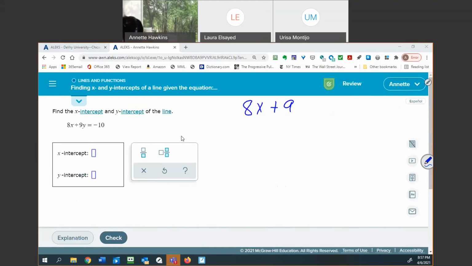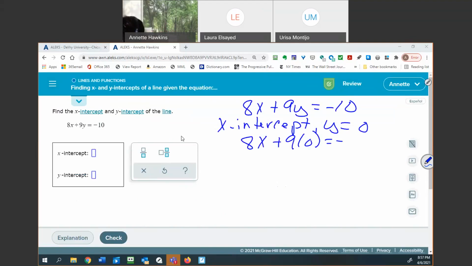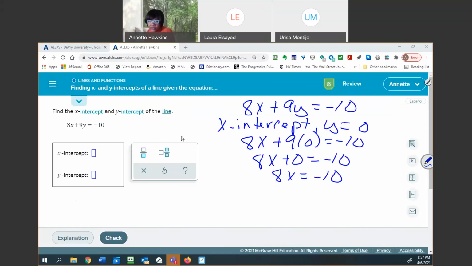8x plus 9y equals negative 10. X intercept, y equals 0. So we have 8x plus 0 equals negative 10. 8x equals negative 10. We solve this equation.